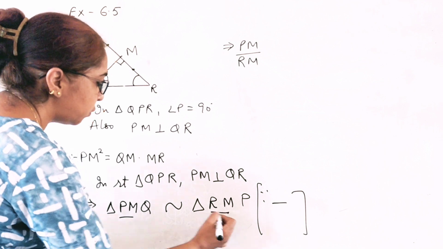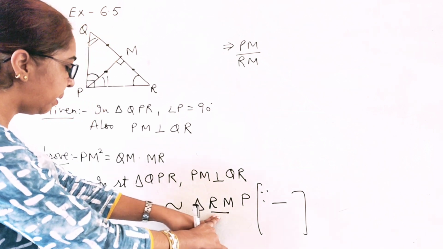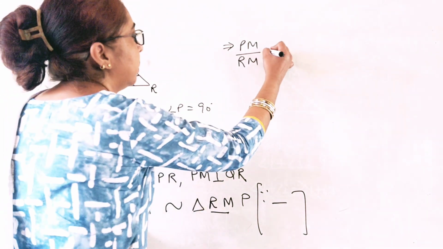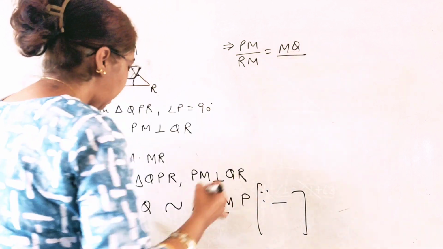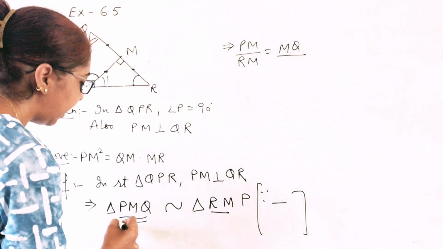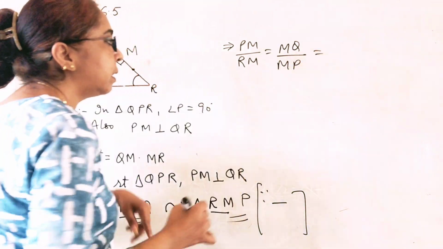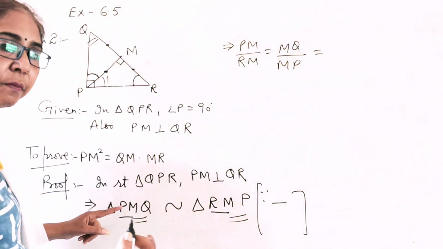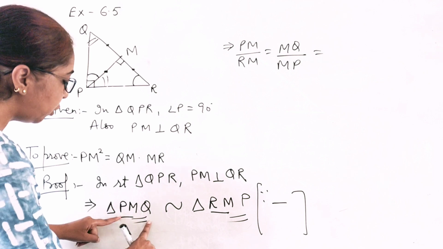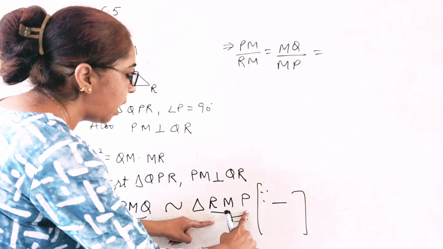First two. PM upon RM, then NQ upon NP. From here I have taken NQ, from here NP, and the third sides will be PQ and RP.